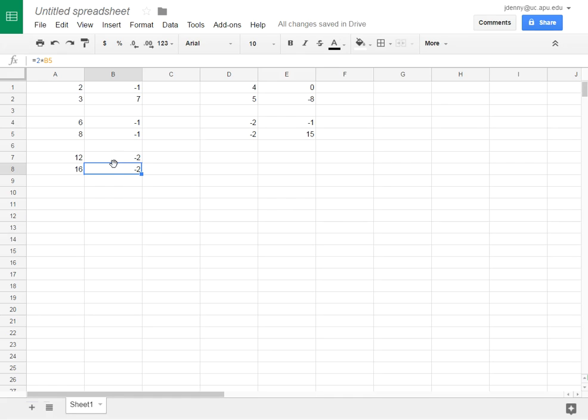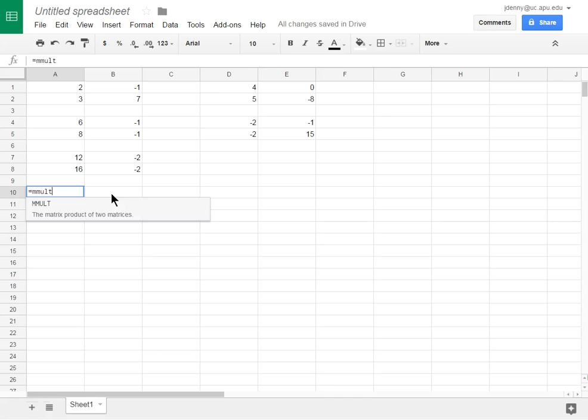If we want to multiply two matrices together, let's suppose we want to multiply the first 2 matrices that we had. There's a function for that. So right here I'm going to say the function, it's equals MMULT, M-M-U-L-T. So that stands for matrix multiply.